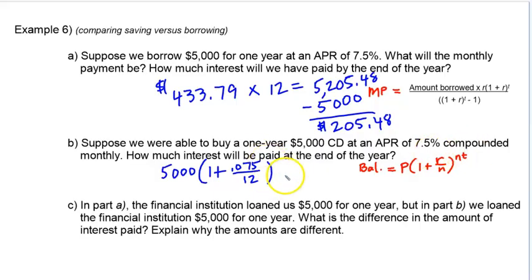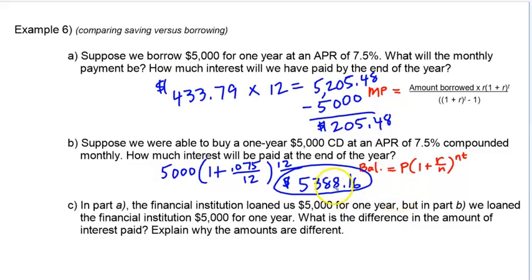It's compounding monthly. And then 12 times 1, since it's 1 year, our exponent will be 12. All right, and when you go to your calculator, you'll get $5,388.16 if we invested. So in letter C, they want you to make a comparison.